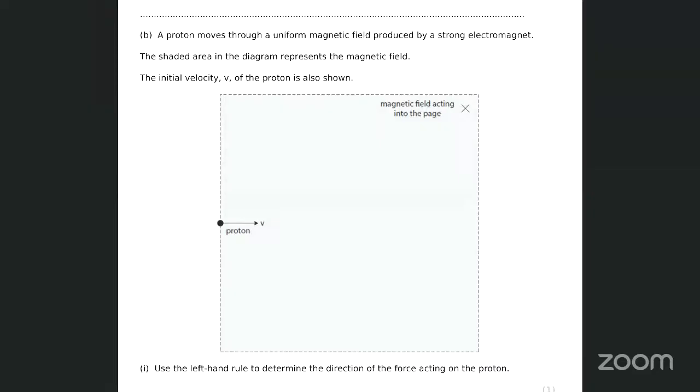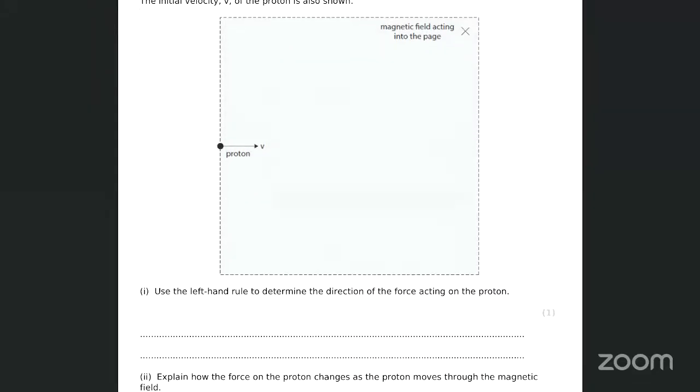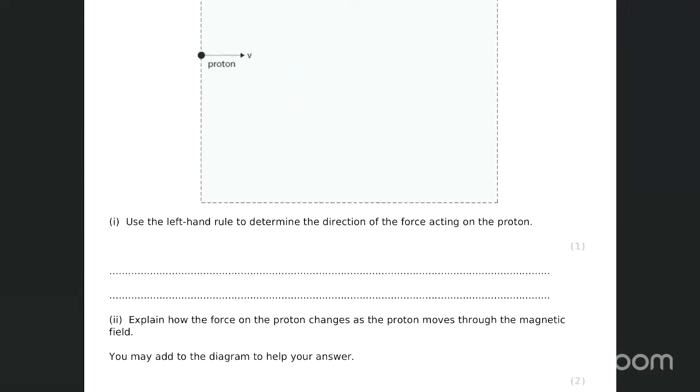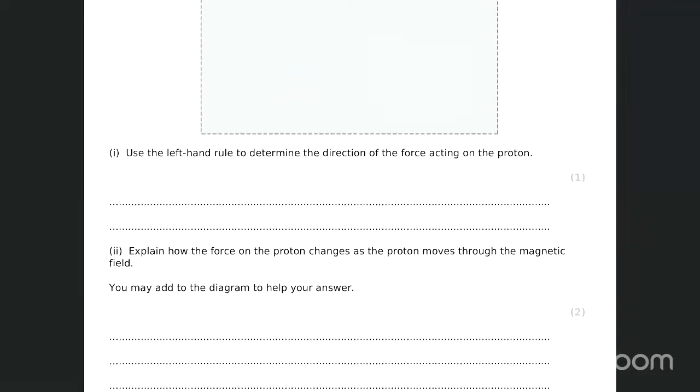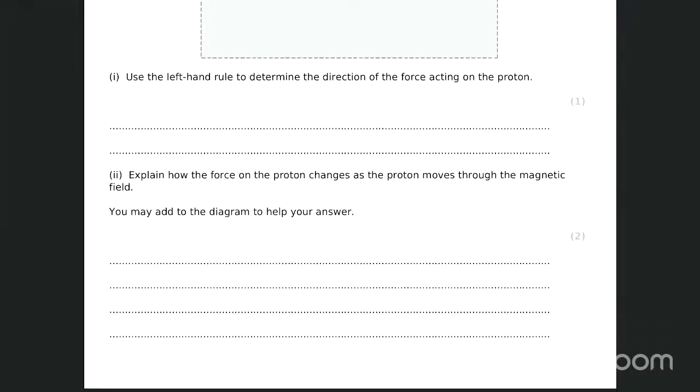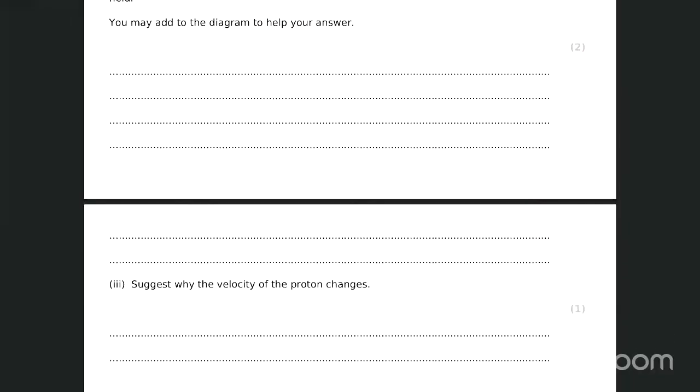Where you have the proton and the magnetic field. So they have given you the instruction as use the left hand rule to determine the direction of the force acting on the proton. Explain how the force on the proton changes as the proton moves through the magnetic field. You may draw the diagram to help.